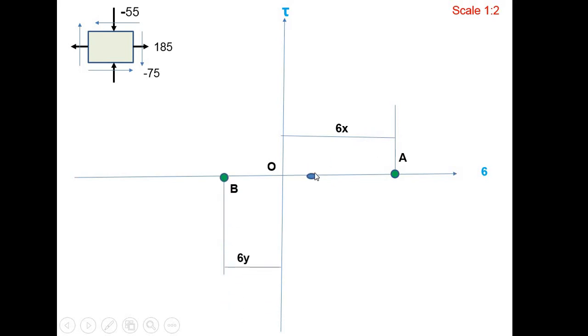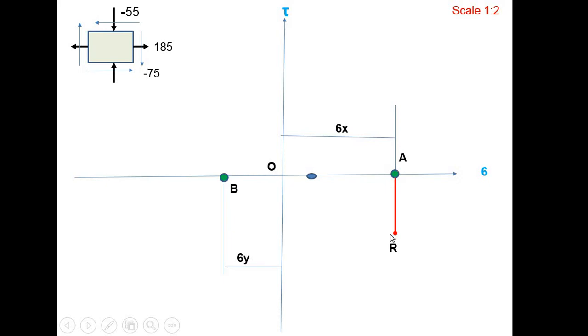Then plot point B. This B point means y direction stress. Now this stress is negative, so we need to draw the distance behind the vertical axis, or we can say in the second quadrant, on the negative x-axis, that OB distance equal to 27.5 because of the scale. OB is minus 27.5. It is the sigma y distance.